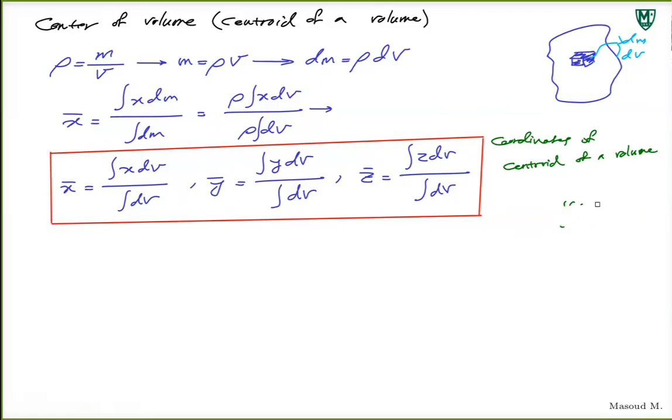So there are ways to convert this integral into a simple one-dimensional integral and then calculate that. It goes more into calculus and the way we calculate integrals for volumes and areas. For the area, we haven't talked about it. We'll talk about center of area next. But these are the general equations that they use to find the center of gravity, center of mass, and center of volume.